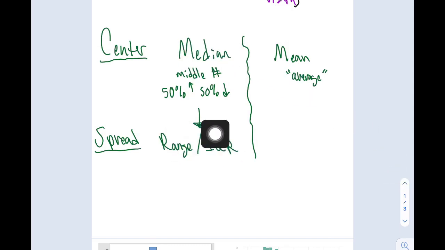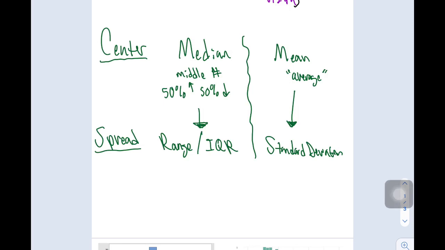Group the median always with the range or the interquartile range. So if you decide to talk about the median, you need to mention the range or the interquartile range or both. Where the mean, we'll want to talk about standard deviation.